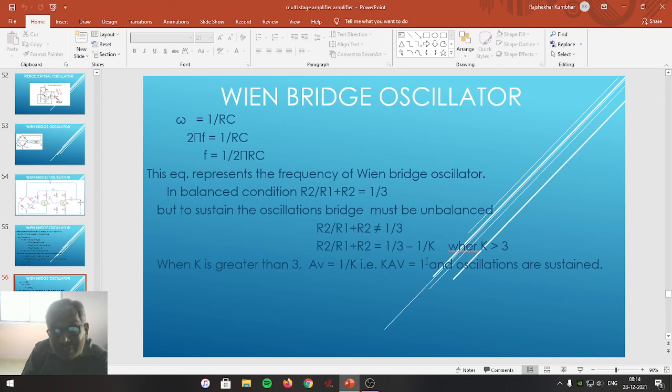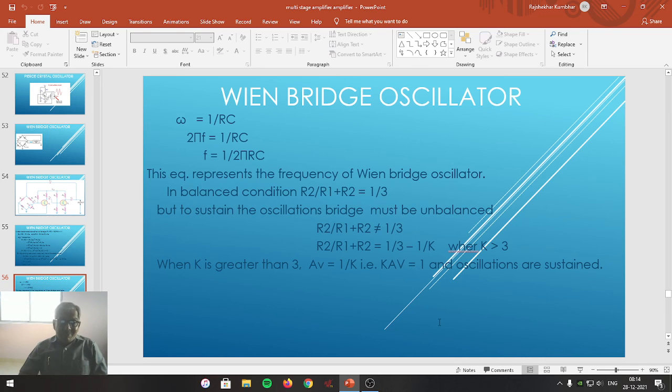Thus, both the conditions of Barkhausen criteria are satisfied by this particular Wien-Bridge oscillator, and hence oscillations are going to be sustained in this oscillator also. But friends, try to remember, to produce the oscillations in a Wien-Bridge, the bridge must be unbalanced.